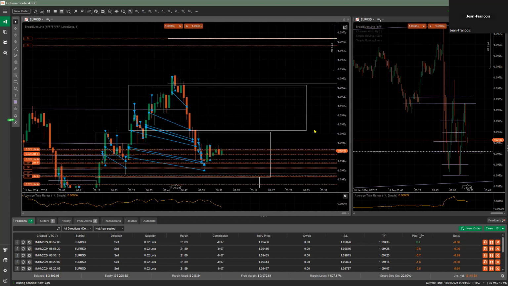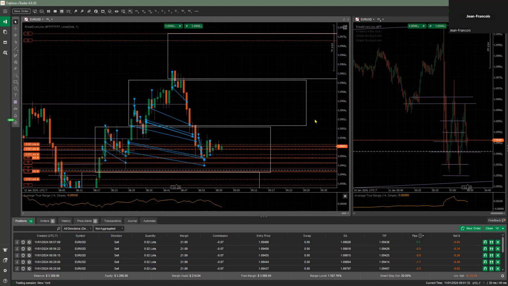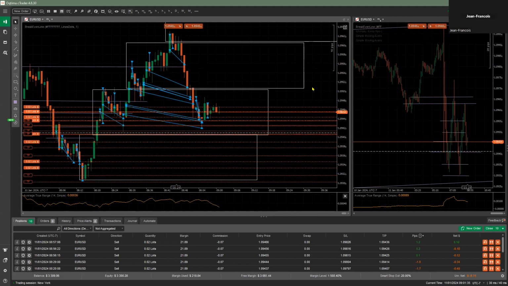If it goes against our initial probabilities, it still gives us opportunities. It's just extending our exit. It's going to take us a little longer to get out. Speaking of, a couple days ago, it took me 16 hours to close some trades.